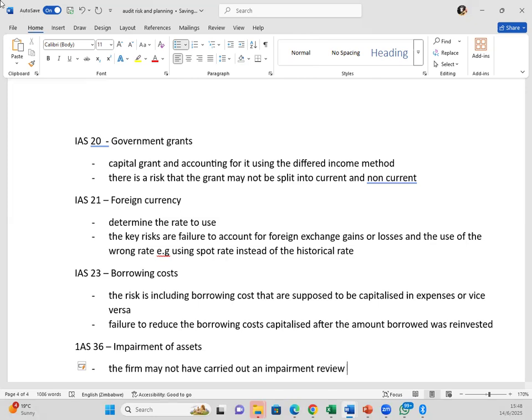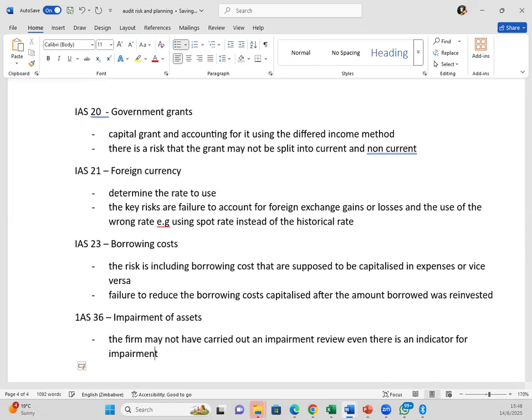The firm may not have carried out an impairment review, even though there is an indicator for impairment, as requested by IAS 36.